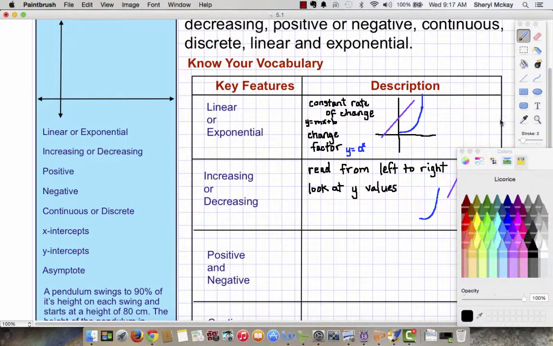And all positive or negative means is... well, that is terrible looking, but that's all right. Let me draw my linear equation again. Okay, and then let's also draw our exponential function.